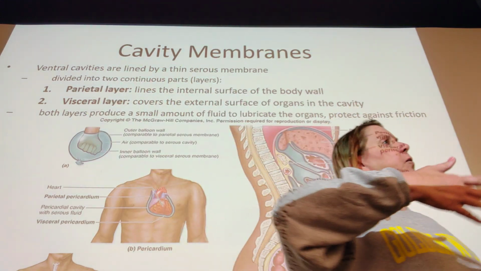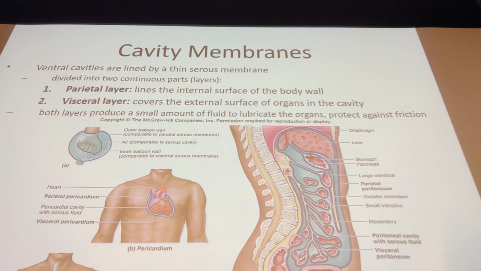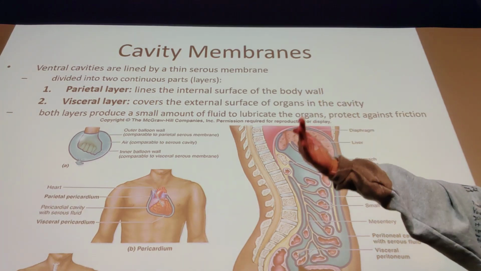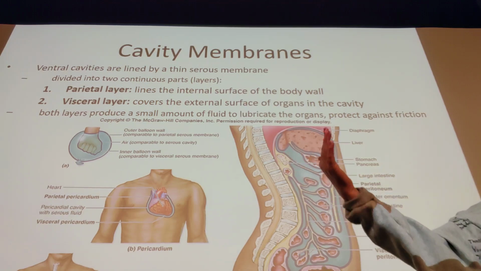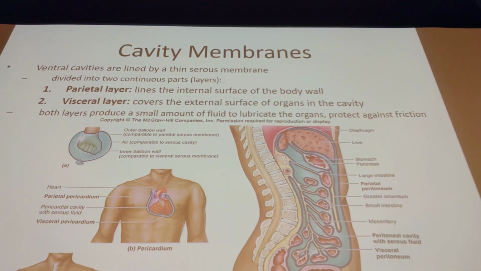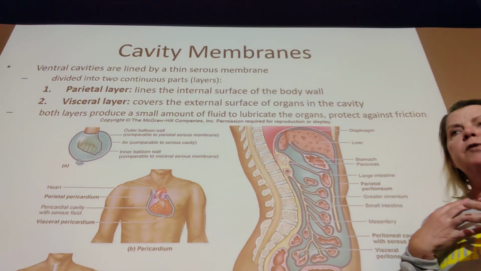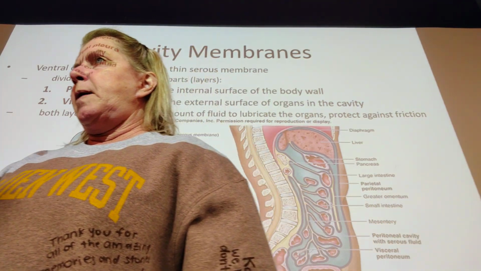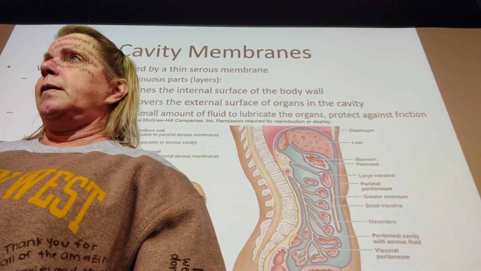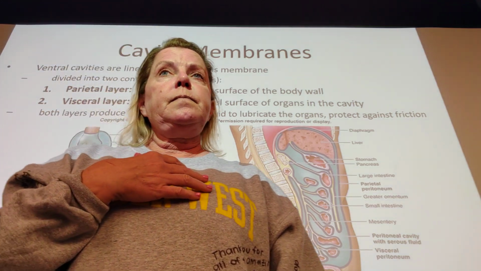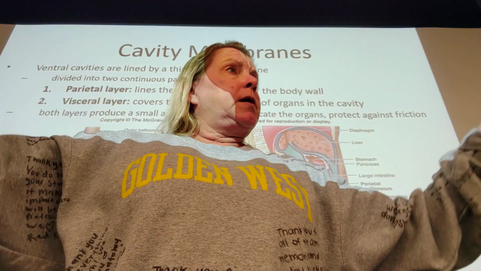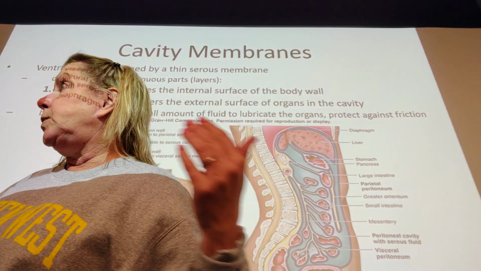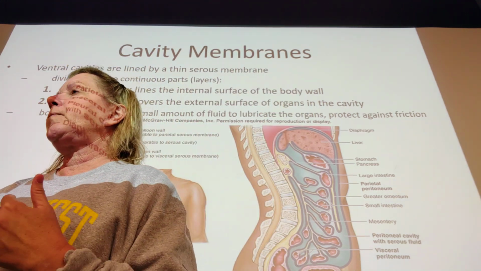Okay, now replace the word wall with membrane. We have membrane, space, membrane. The membrane facing us, our organ, because it is on the surface of the organ, is called the visceral membrane. It is on the viscera, meaning the organ. These walls here are our visceral wall, our drywall.